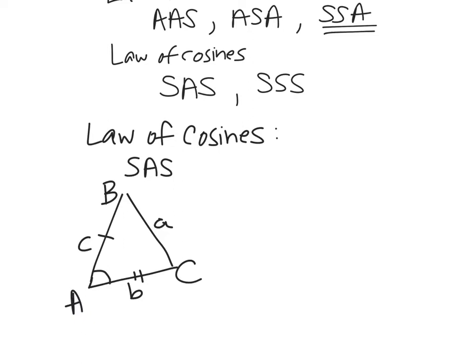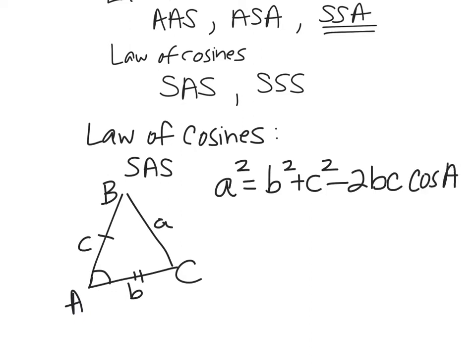So to find out what side a is, this is the formula you're going to use. a squared equals b squared plus c squared minus 2 times b times c times the cosine of A.